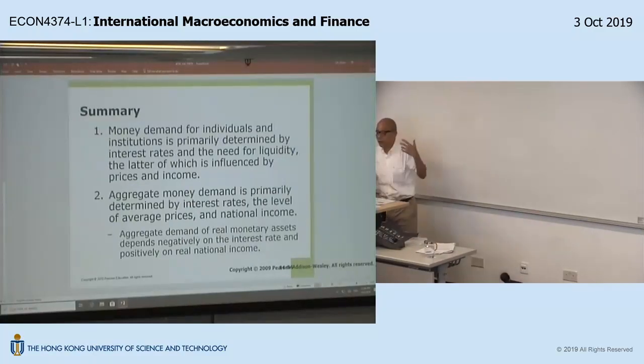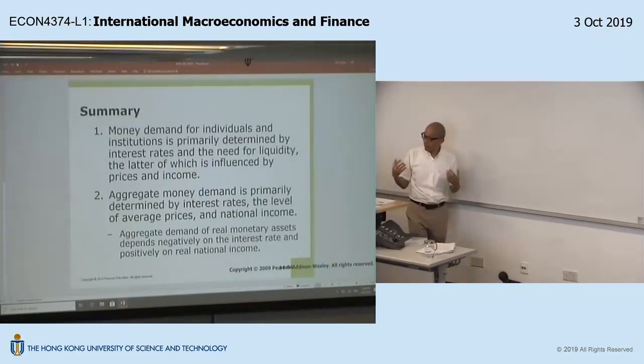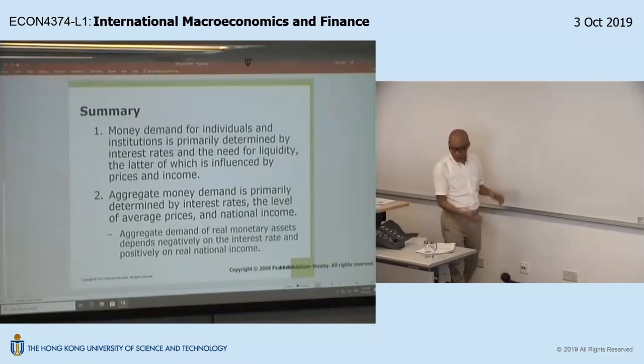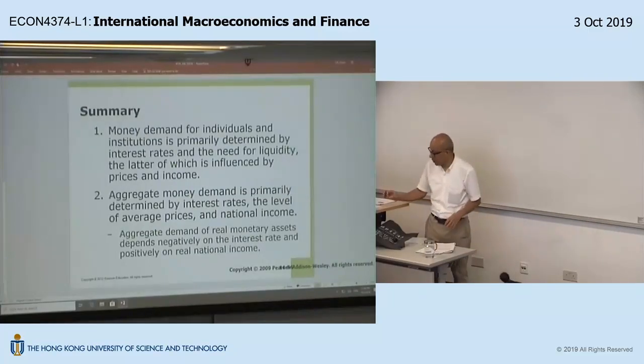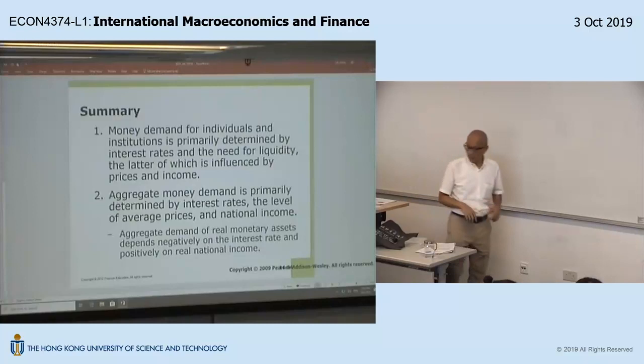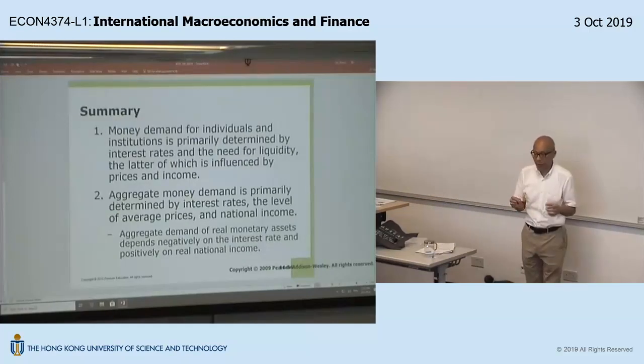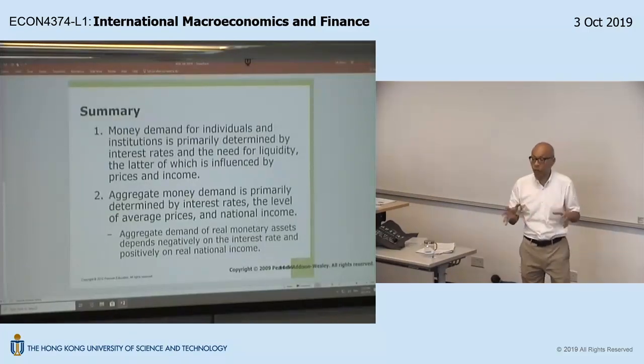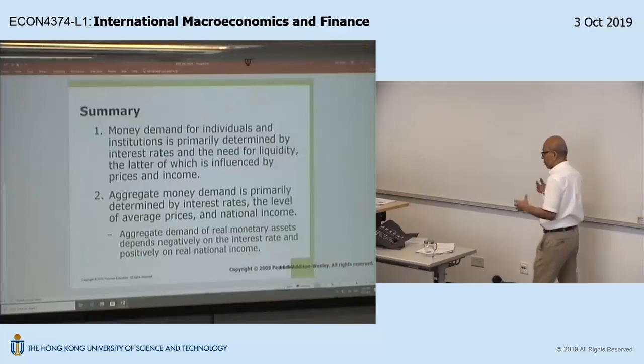We talked about money demand for individuals and the economy, and then we derived a money demand function, and then we looked at the equilibrium in the money market, and that equilibrium determines the equilibrium interest rate. Okay, so it's a trade-off.